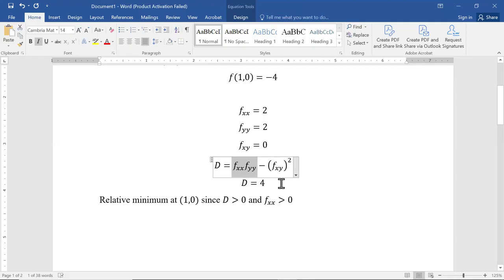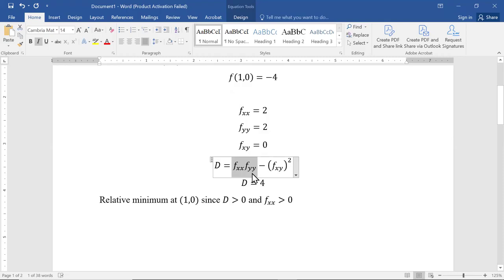And they're both the same sign. So in this case, both were positive. So the second derivative with respect to x is positive, and the second derivative with respect to y is positive.